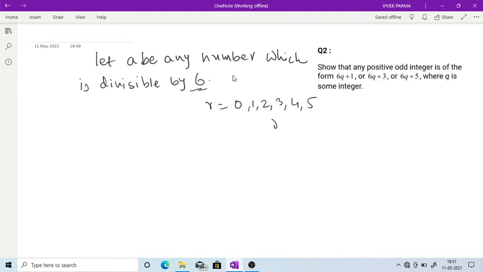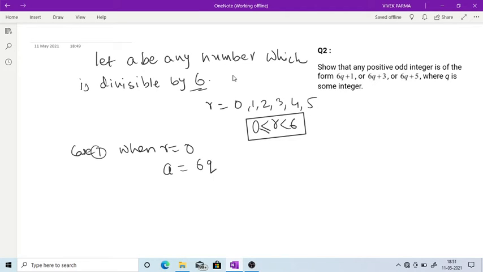As we know, remainder is greater than or equal to 0 and less than the divisor, right? So for case 1, when remainder equals 0, we have a equals 6q plus 0, right?